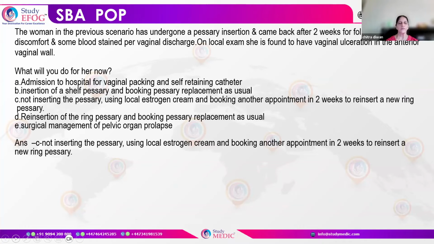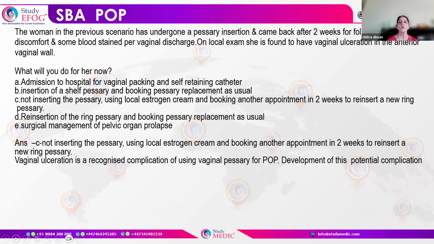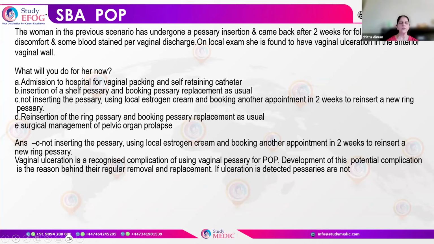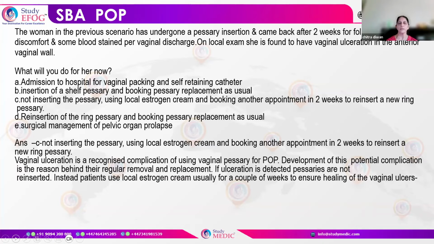Whenever she is having trauma, you will not reinsert the pessary. You will remove the pessary. You will give her local estrogen cream for local application, and you will call her after 2 weeks to reinsert a new vaginal pessary. Remember, vaginal ulceration is a recognized complication of using vaginal pessaries for pelvic organ prolapse.